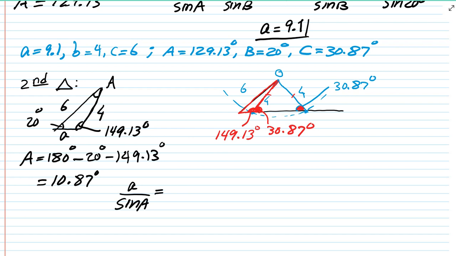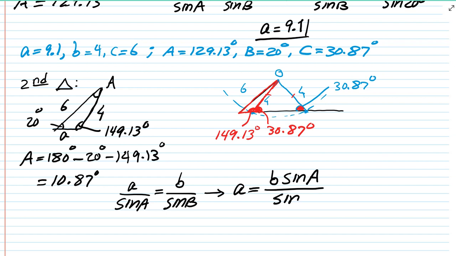And what we've got to do now is find little a using the law of sines in this new triangle. And we're going to go little b over sine B. Multiply both sides by sine A, and we say b sine A divided by sine B. And that should solve it for us.